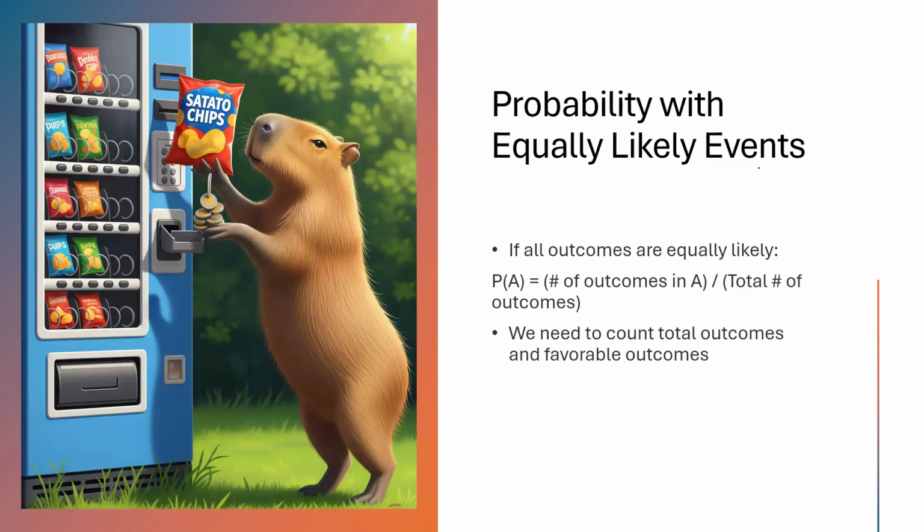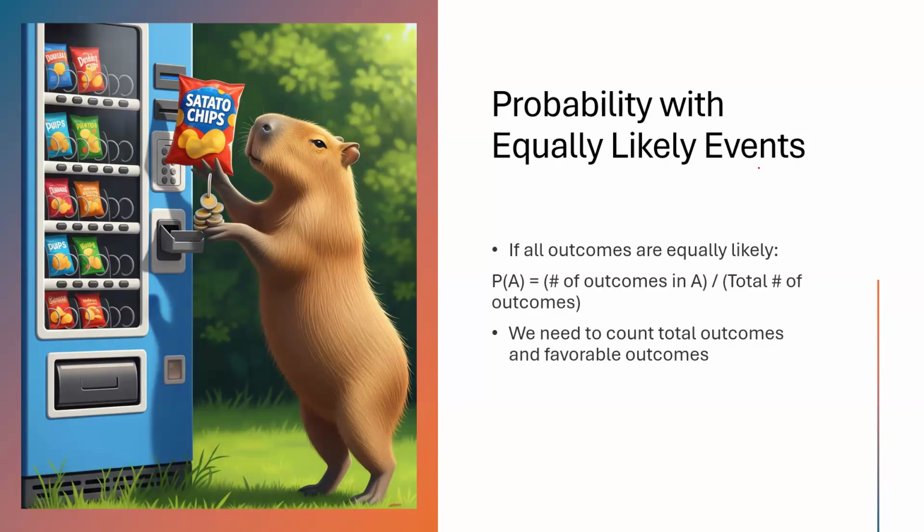When all outcomes are equally likely, like in a fair game or a simple random draw, we calculate the probability of an event A by dividing the number of outcomes in A by the total number of outcomes. Let's say there are 10 possible snack choices in a vending machine, and 3 of them are chips.